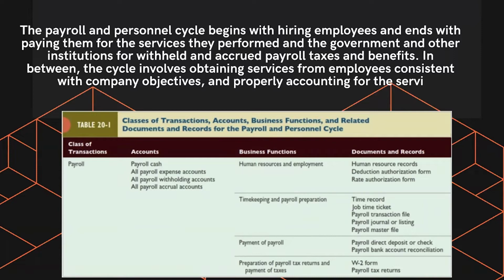The documents and reports are time reports, job time ticket, payroll transaction file, payroll journal or listing, and payroll master file. In the payment of payroll, the documents and reports are payroll direct deposit or checks and payroll bank account reconciliation.